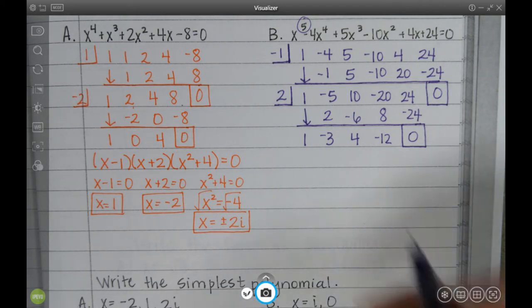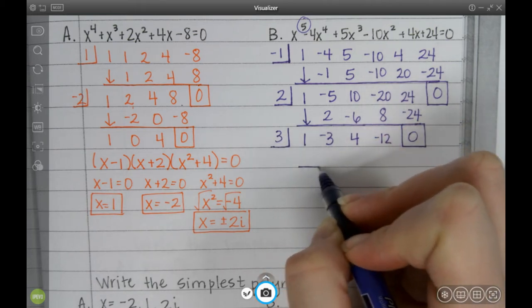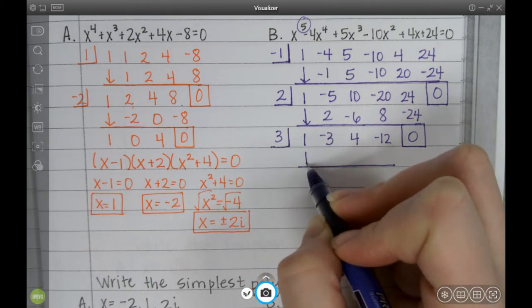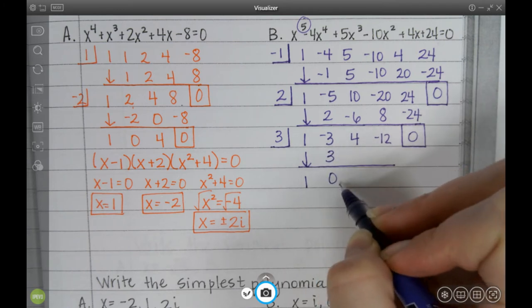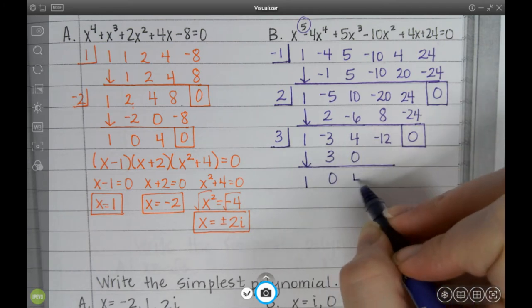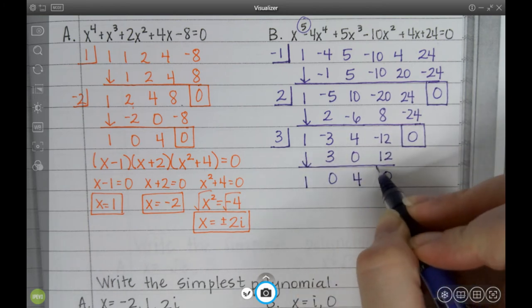Okay, then we're going to do synthetic division one more time. One times 3 is 3, you get 0. 0 times anything is 0, add to get 4. 4 times 3 is 12, add and you get 0.